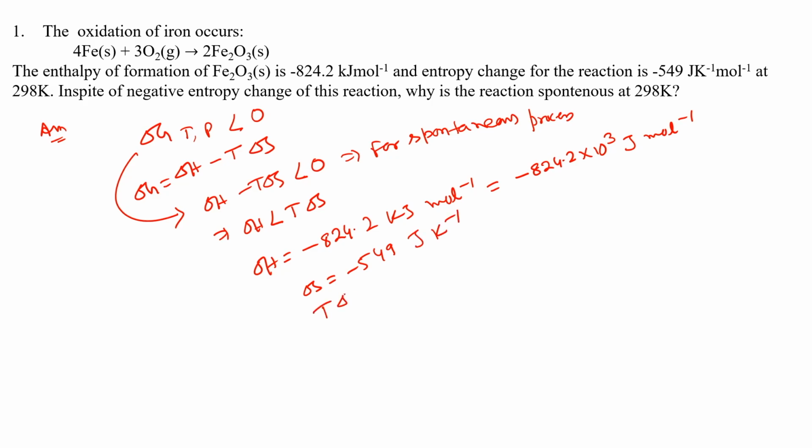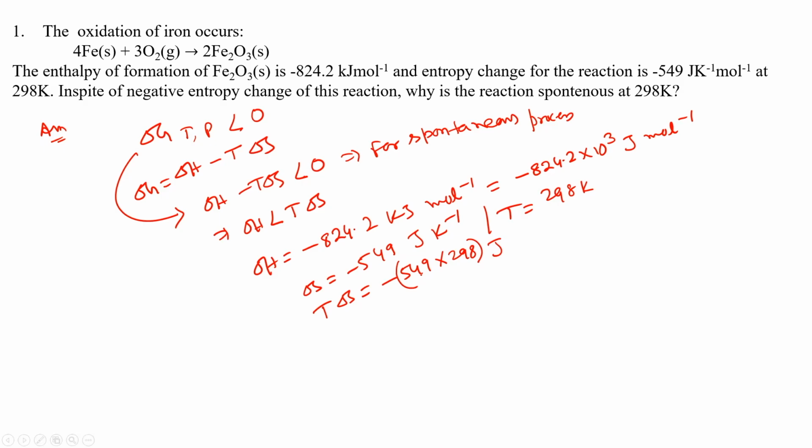So, T delta S is minus 549 times 298, here T is 298 K, in joule unit.